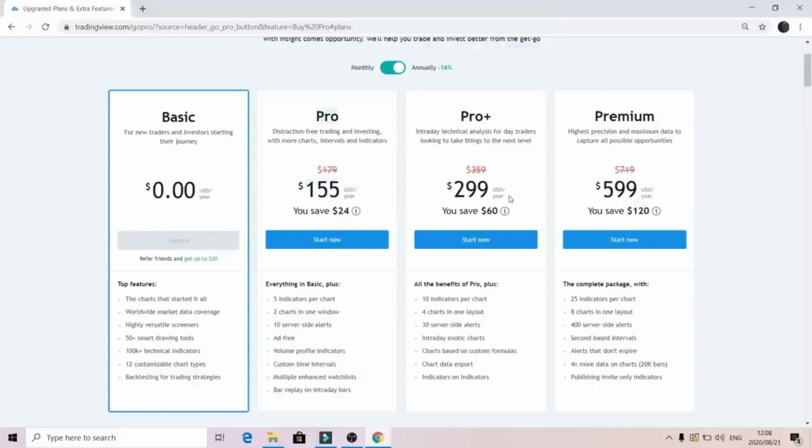Or if you want a Pro Plus package, you can pay $299 and save $60. Or you can subscribe for Premium to get the maximum service of TradingView. You can access everything from their data, dwell deeper, to the news that people don't see. That's the great thing about it. You save $120, you only subscribe with $599.